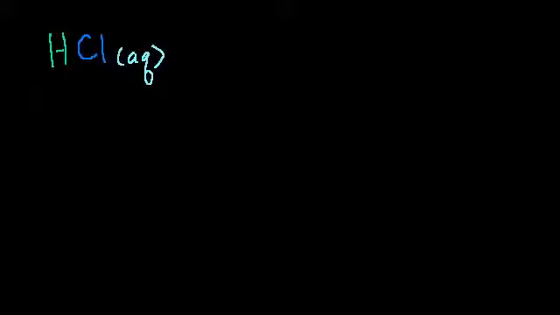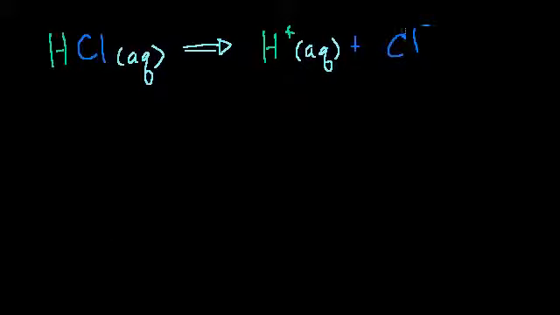We know that it dissociates completely. Which means that we're left with the hydrogen ion, which of course really attaches itself to another water molecule and becomes hydronium, plus the chlorine anion, or negative ion, right there.